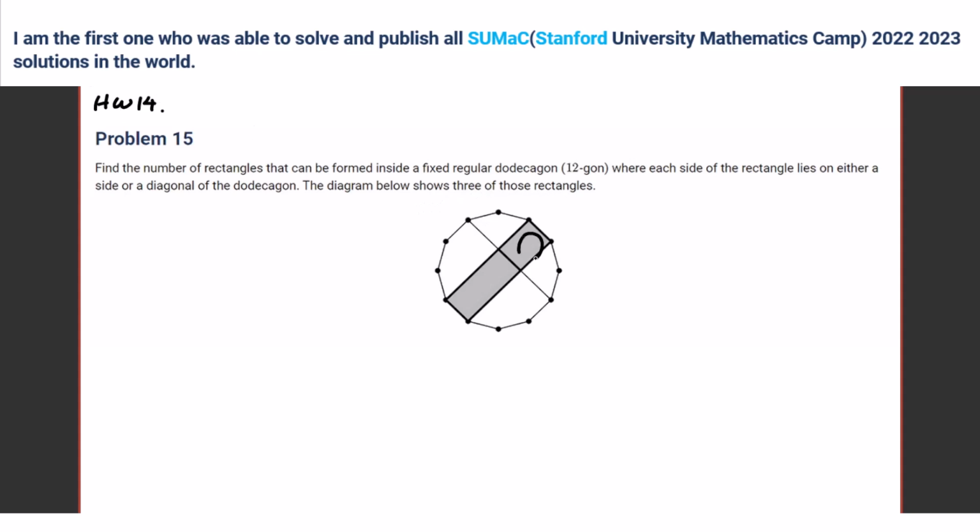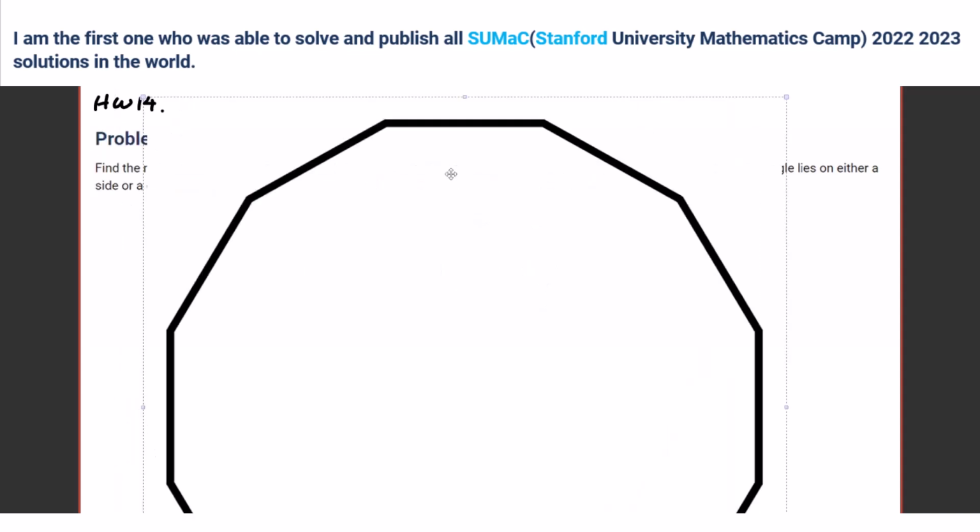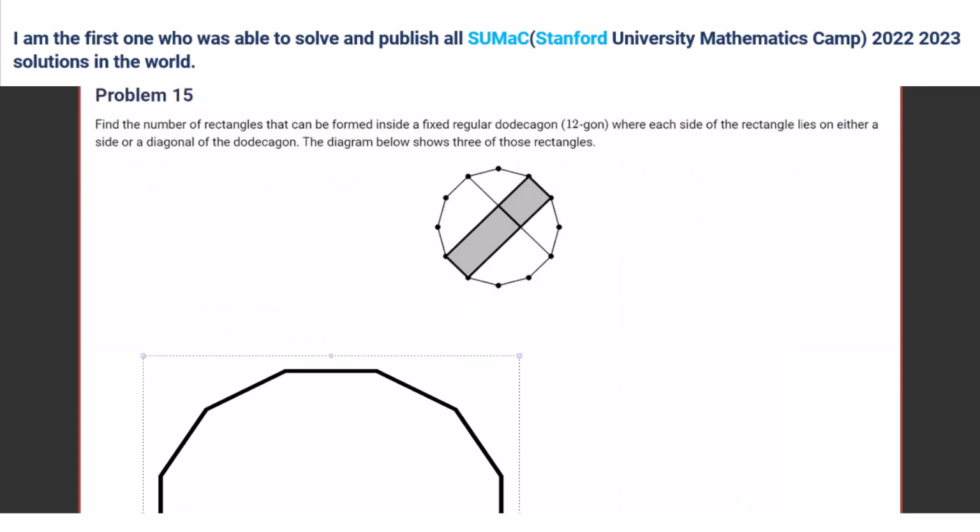Here in this figure, we have 3 rectangles. Let me copy a dodecagon from Google to work on.